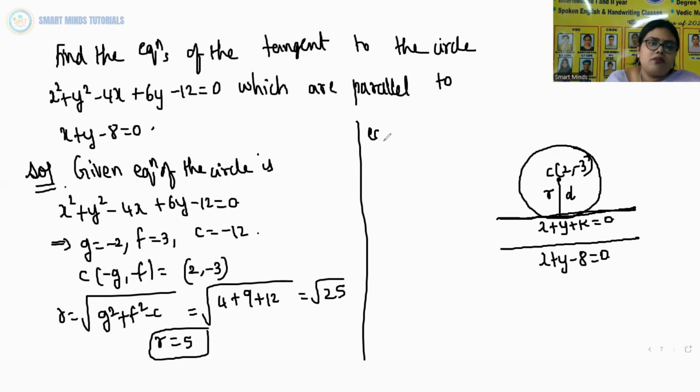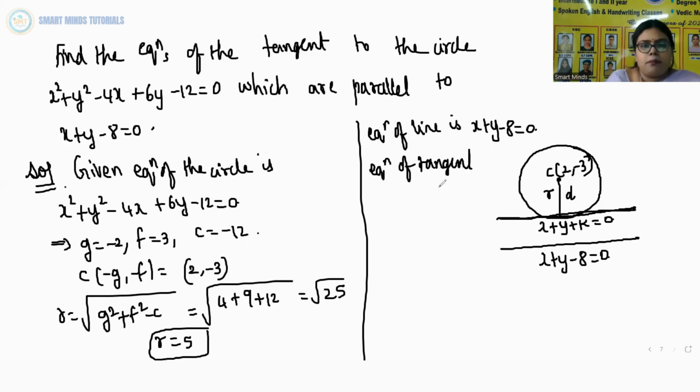Now what is the equation of the line given? The equation of the line is x plus y minus 8 is equal to 0. Now the equation of the tangent parallel to x plus y minus 8 is equal to 0 is x plus y plus k is equal to 0. Let's say this is equation number 1.